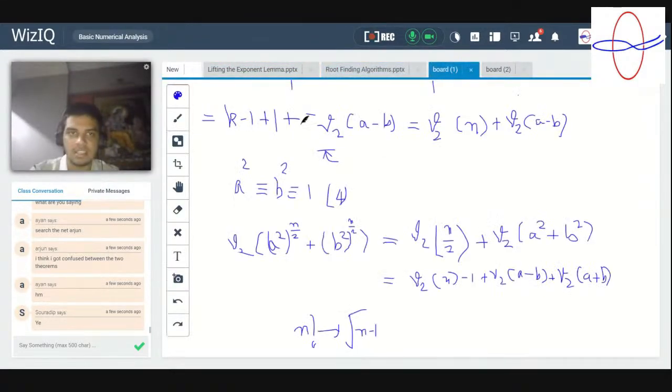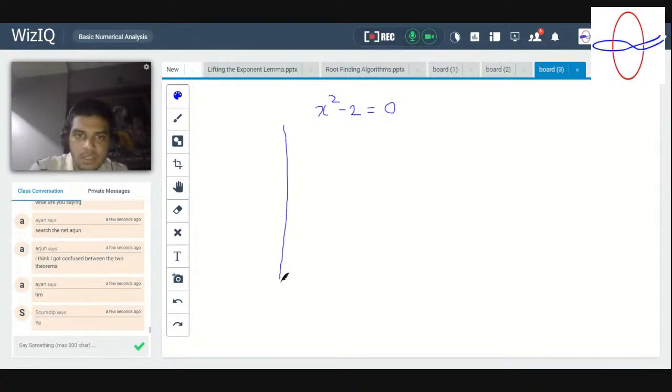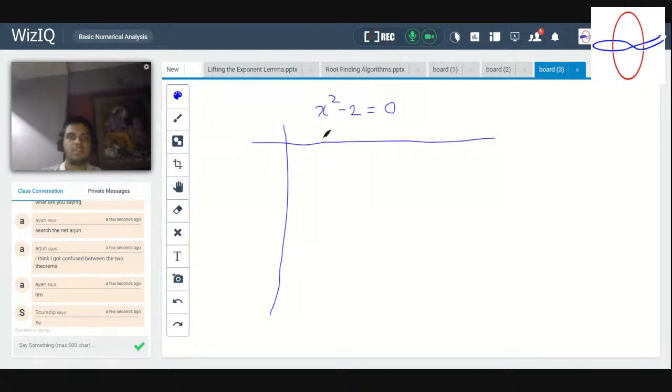What bisection does is, let me take an example. New whiteboard, and let's say I'm trying to find the square root of 2. So x square minus 2 is equal to 0. Then what I do is I find two values, x equal to 1.414.